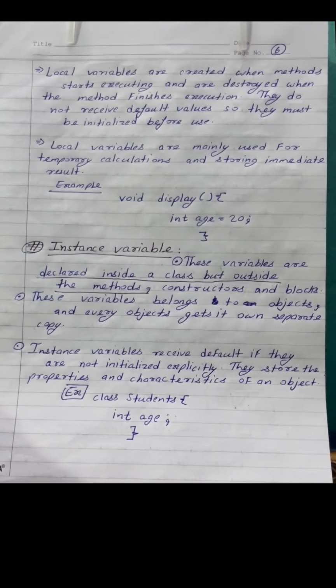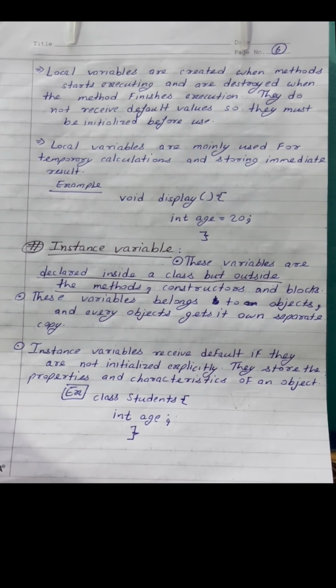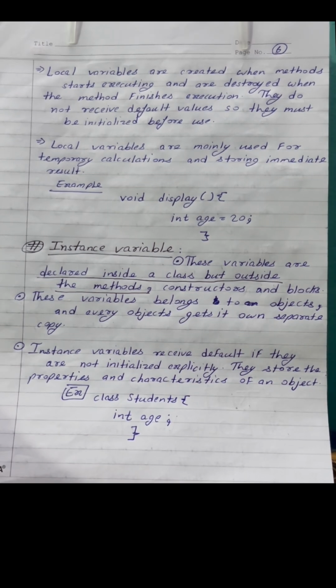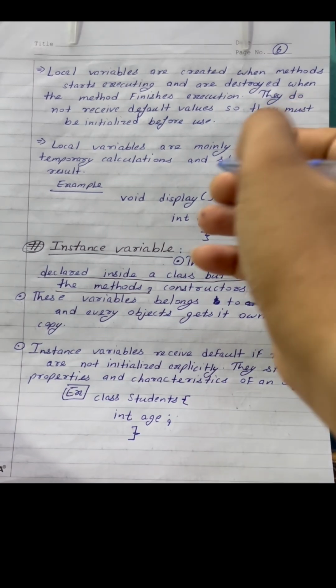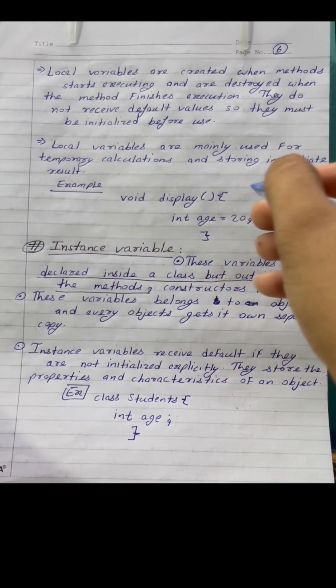These local variables are created when methods start executing and are destroyed when the methods finish their execution, and they do not receive any default values, so they must be initialized before use. Apart from that, local variables are mainly used for temporary calculations and storing the immediate results. You can understand this with this example.